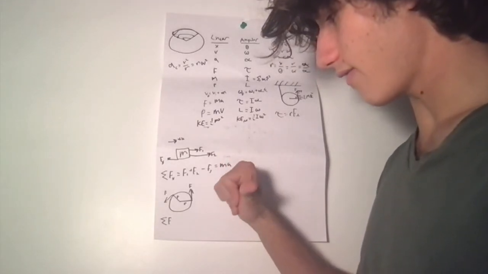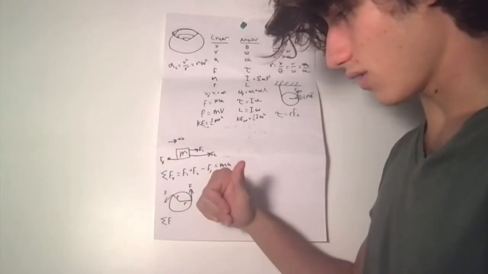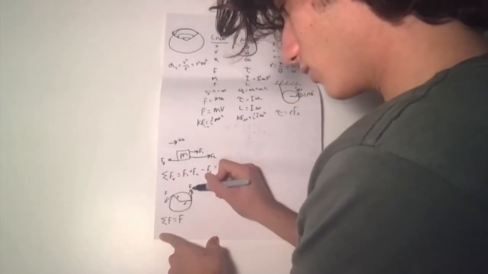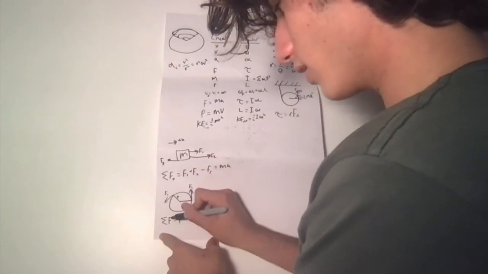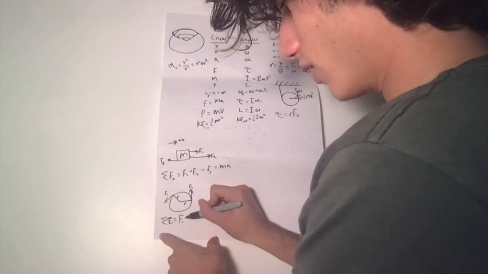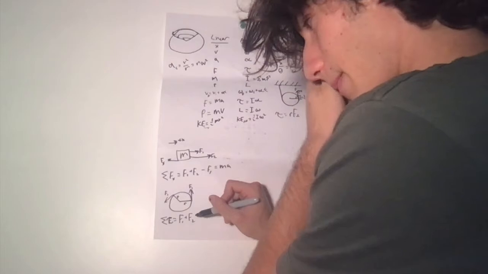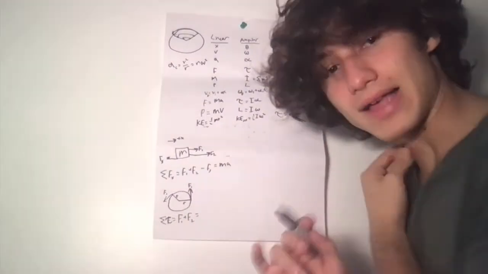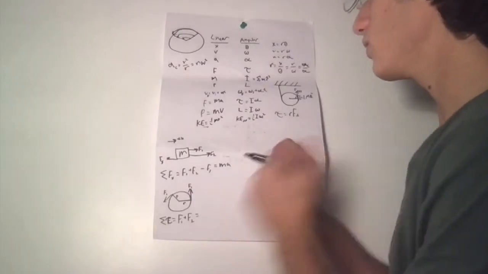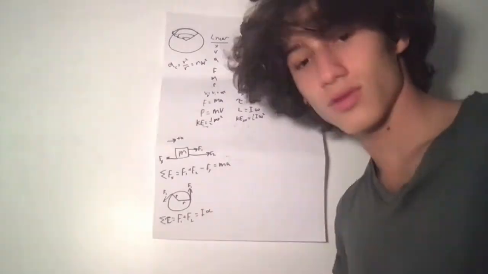R cross F, so it's going in the positive direction, this one. R cross F, also positive direction. So torque is equal to F1 plus F2, and this should be equal to, instead of mass times acceleration, because remember we are in angular units right here, inertia times omega.